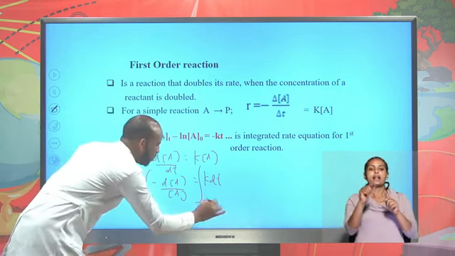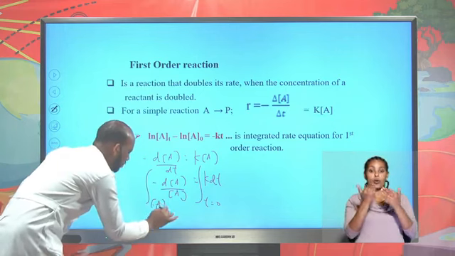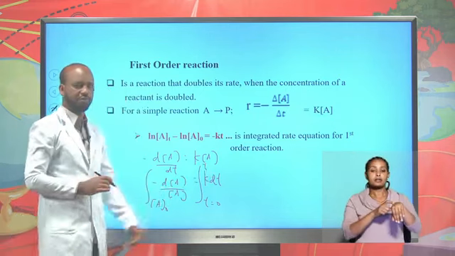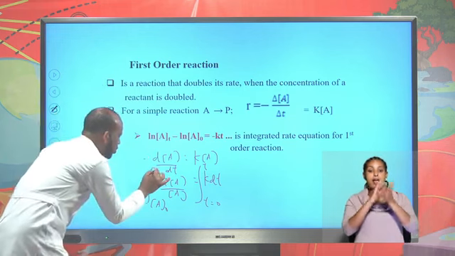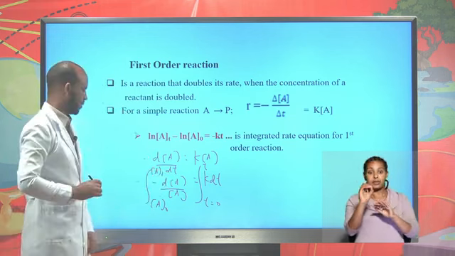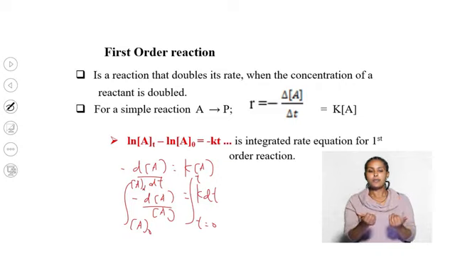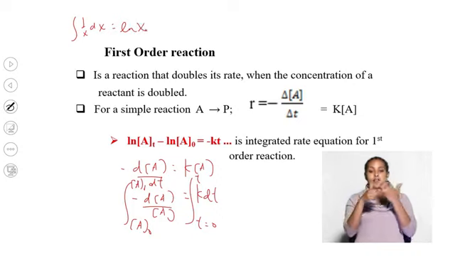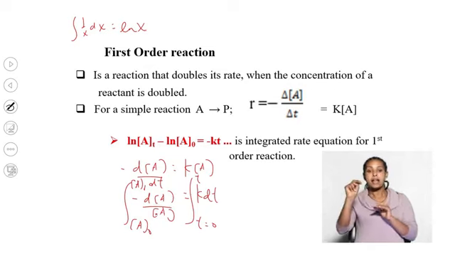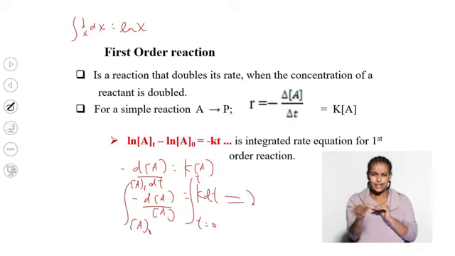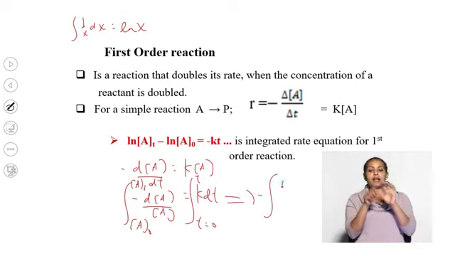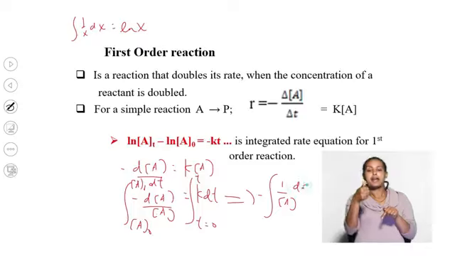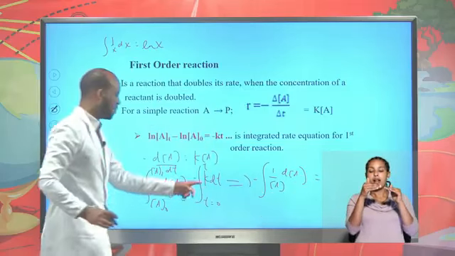When t equals 0, we have initial concentration A naught. At time t, the concentration of A becomes the concentration of A at time t. Now, the integration of 1 over x dx is ln x. Therefore, the integration of 1 over concentration of A is ln A. We can write this as minus the integration of 1 over concentration of A d[A] equals k, where k is constant.